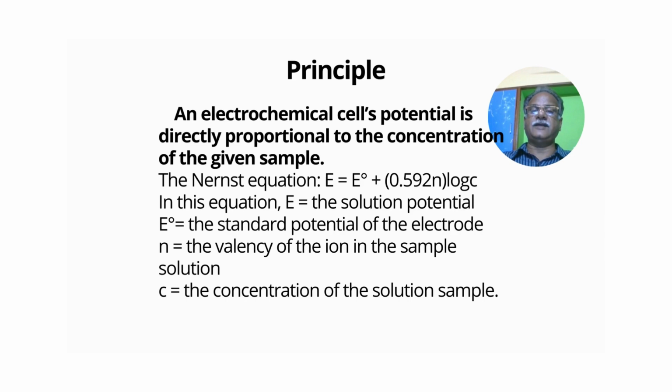This can be explained based on the Nernst equation. I have shown the mathematical form of the Nernst equation here, and I have described the parameters present in this equation also.